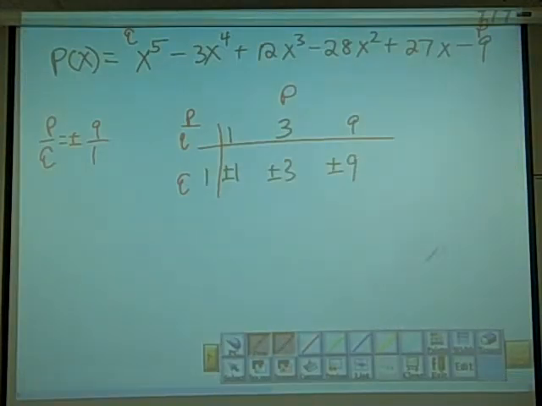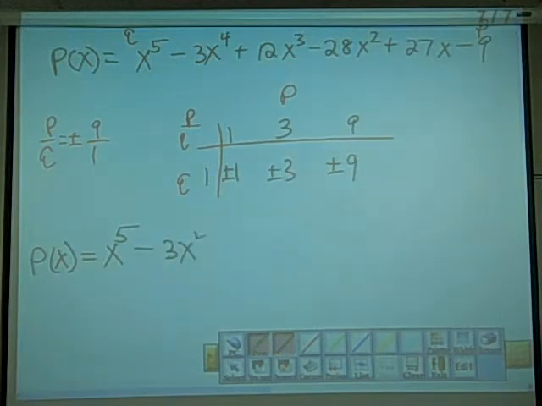So here we have our polynomial. We'll rewrite this here, x to the 5th minus 3x to the 4th plus 12x cubed minus 28x squared plus 27x minus 9.